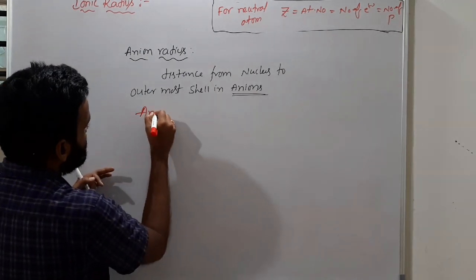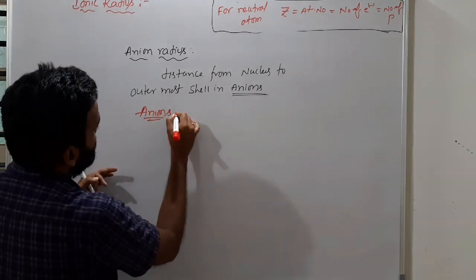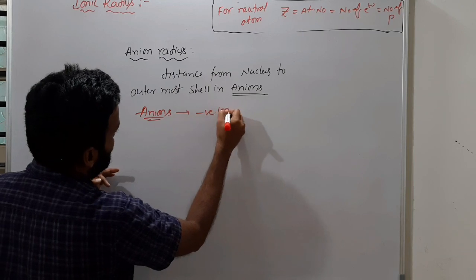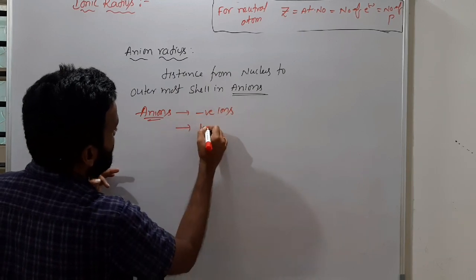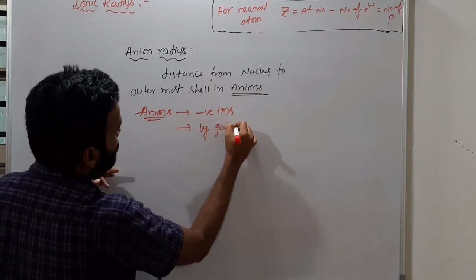Who are anions? Anions are negative ions. How are they formed? By gaining of electrons.